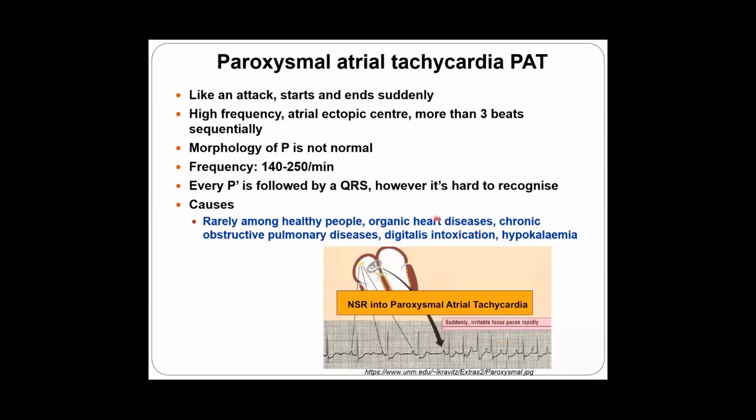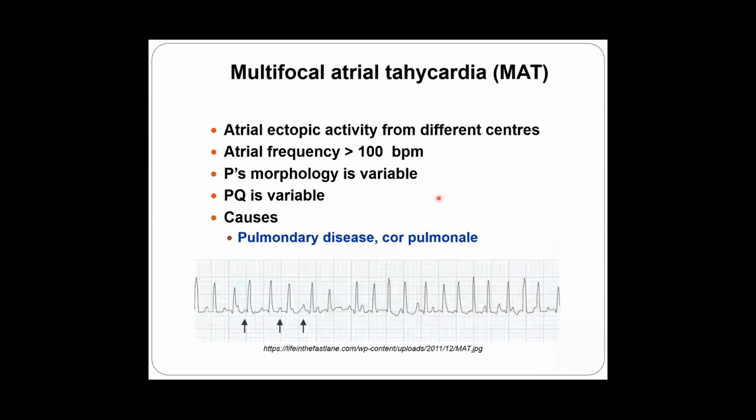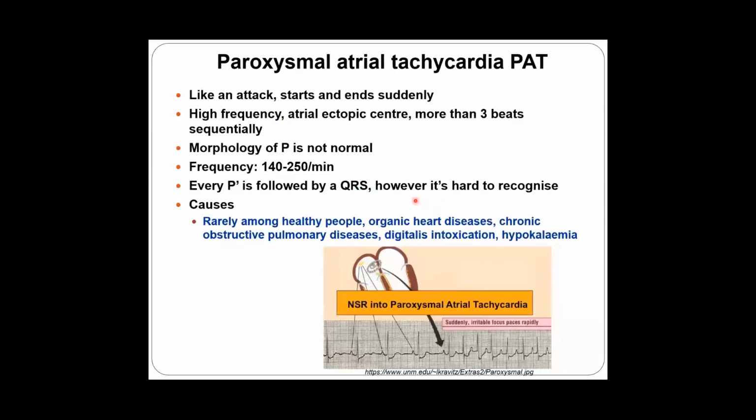There are a lot of things that can cause this paroxysmal tachycardia. But very important, when we do have this paroxysmal atrial tachycardia, it originates from one focus, and usually this is what we call a re-entry phenomenon. I think you already heard in the lecture. This is rhythmic, faster but rhythmic.